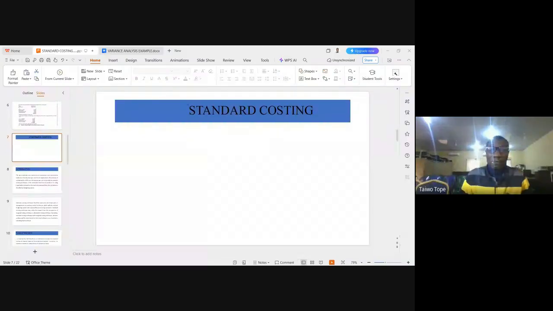This is performance management class, and in the last 2 weeks, we've been talking about budgeting and budgetary control. We've looked at cash budgets, production budgets, flexible budgets.